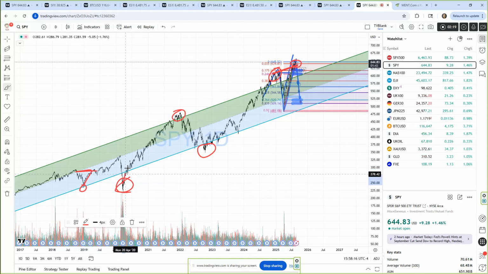So in this case, you'd be banking on a reversion up to here, a reversion down to here, a reversion up to about here, and in this case a reversion down to about here, or in this case, a reversion down to about here.